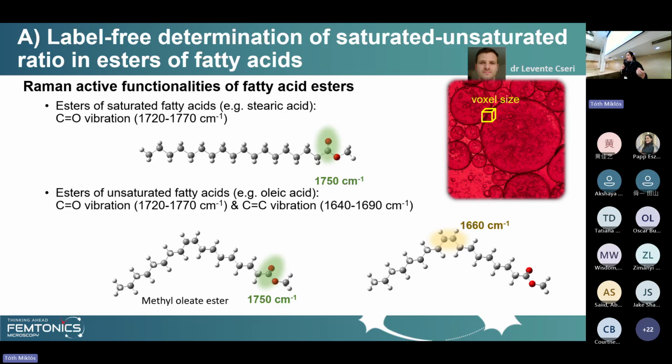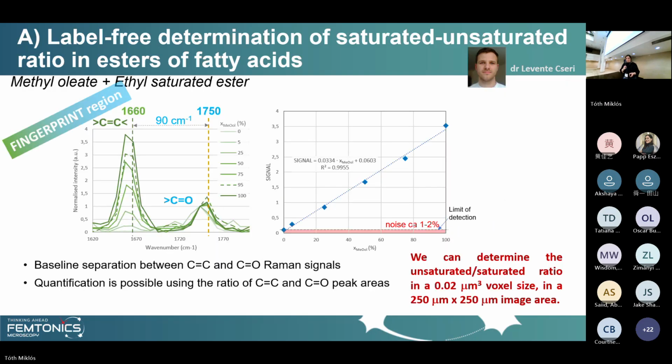These molecules have naturally Raman active functional groups, and this gave the opportunity to prepare samples with different but known ratios of saturated and unsaturated fatty acids, and they could determine the ratio in a voxel size with very good sensitivity.